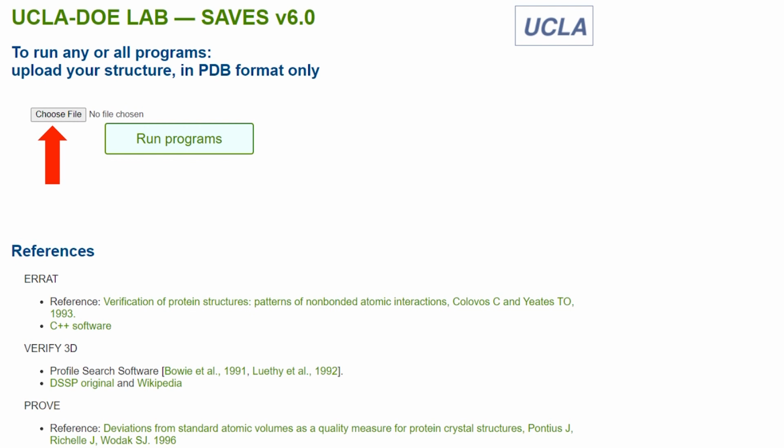It is the UCLA DOE lab and the present version is SAVS version 6.0. This SAVS is taken care of by the University of California, Los Angeles, and runs on their server platform. The most important programs in SAVS 6.0 are ERRAT, Procheck and Verify 3D, and their references are reported below.